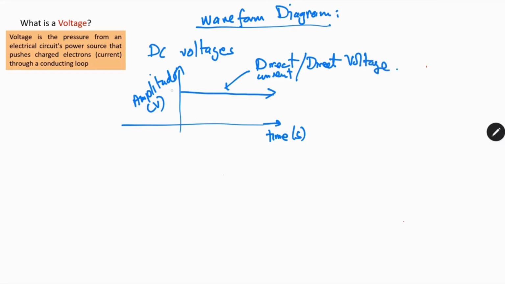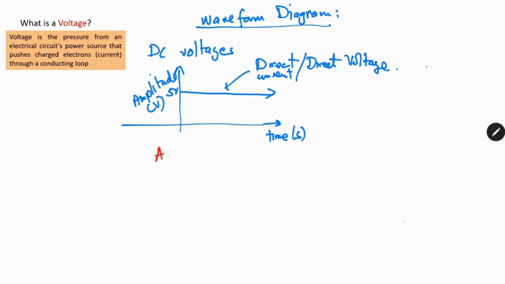So if we have 5 volts, that means with respect to now and into the future, it will be 5 volts no matter what. So now, tomorrow, the day after tomorrow, maybe next year, 100 years from now, the amplitude will remain the same. So this is known as the direct current. So this is the waveform.